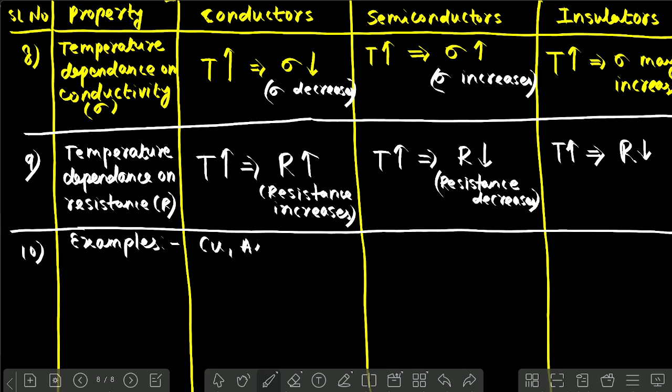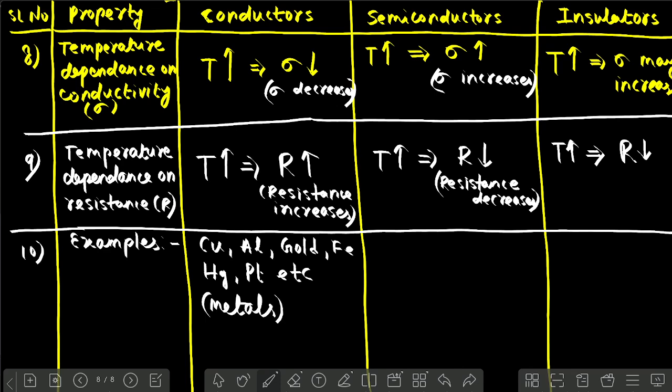Copper, aluminum, gold, iron. Conductors are metals. Many are there, right? Sodium, platinum, mercury. All metals are basically conductors.